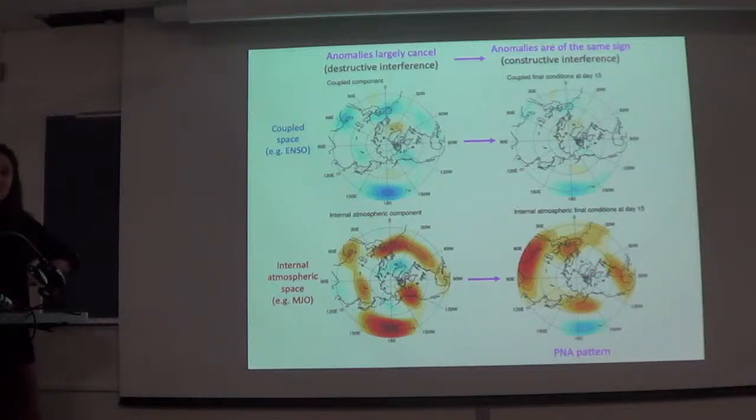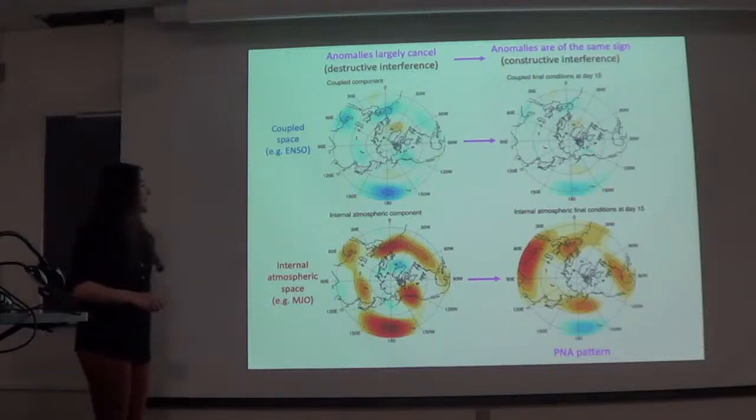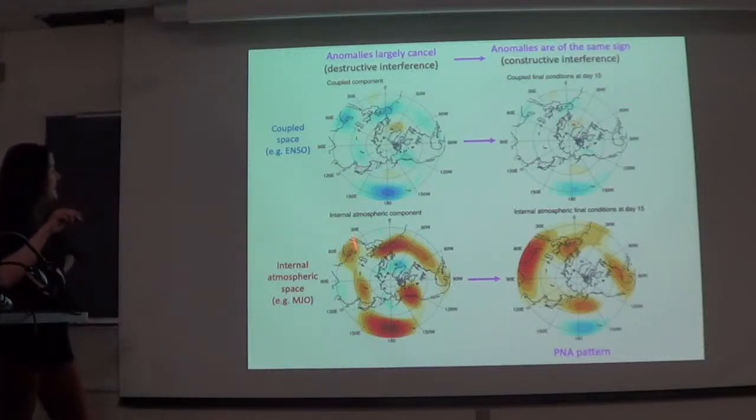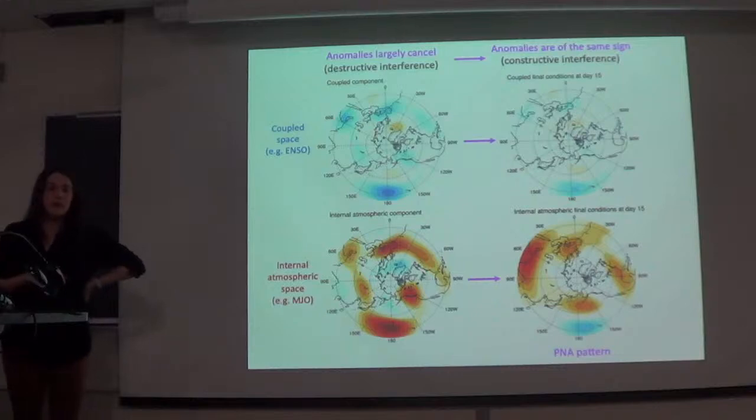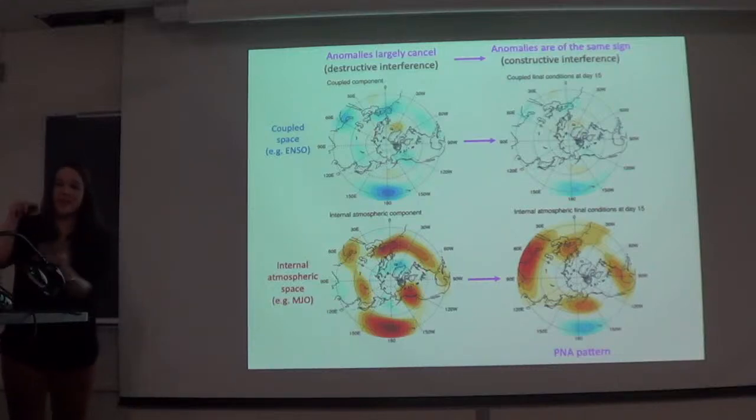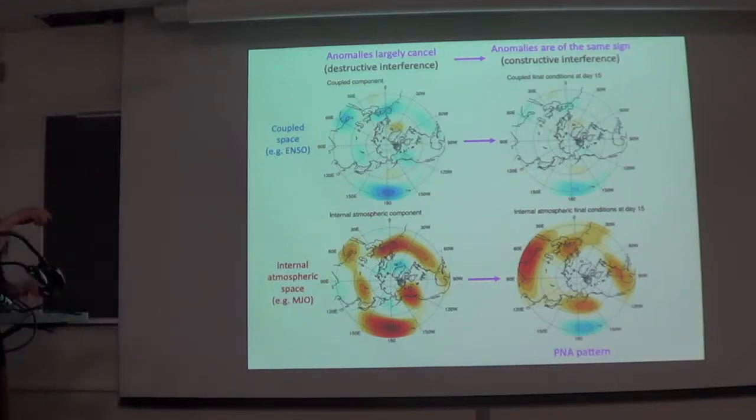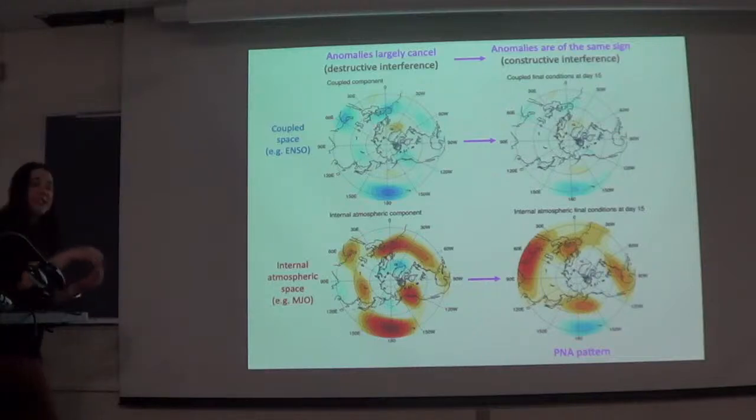And what we see is a slightly clearer picture as to how we get to that final PNA growth. So our initial conditions are largely of the opposite sign, and there's a lot of destructive interference happening between them, right? So we're minimizing the full initial condition, because these subspaces are largely canceling each other out.